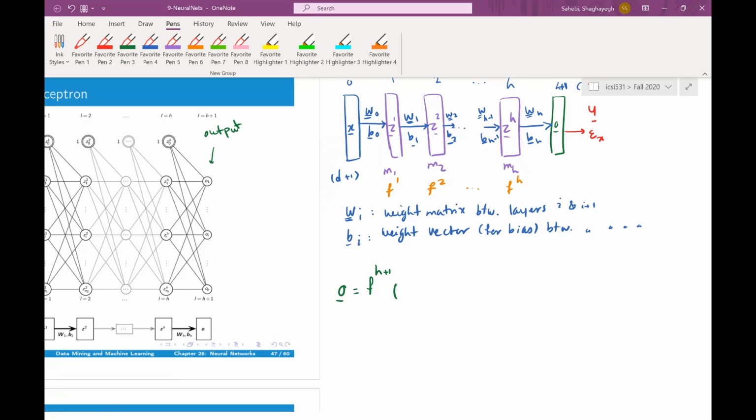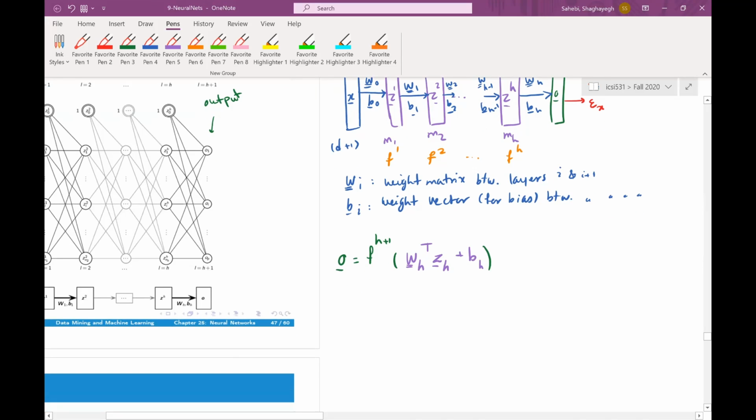So what is that net? It's basically W_H transpose Z_H, right? So Z_H is coming from the previous layer. So we calculate W_H transpose Z_H plus B_H, right? And that is going to be the output of our output layer.